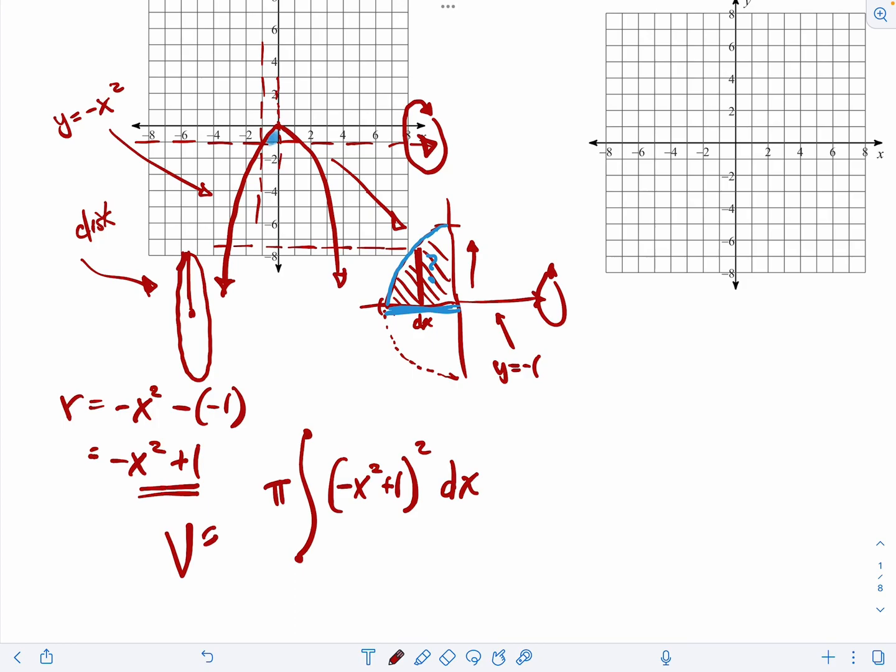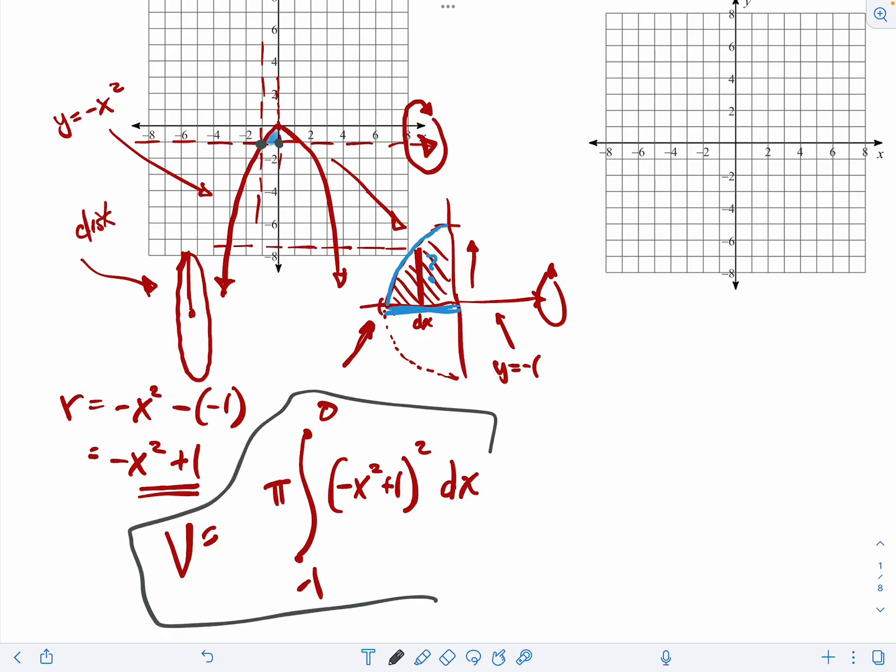We're not quite done yet. We need to know what the limits of integration are. Since we're looking at dx, we're going from the leftmost point, which is negative 1, to the rightmost point, which is 0. In this problem, it was pretty clear that those limits are right on our coordinate axes.